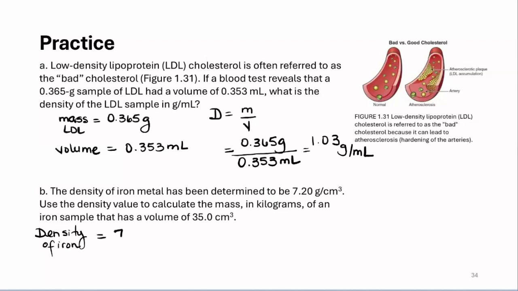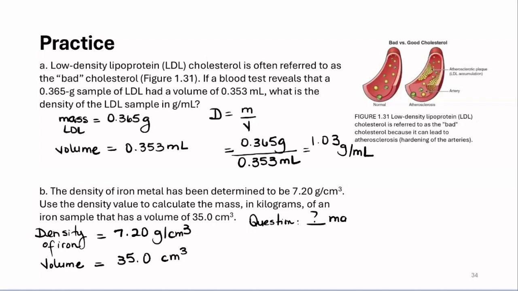And that density is 7.20 grams per centimeters cubed. We also have the volume for our object, which is 35.0 centimeters cubed. And then the question is that we need to know mass in kilograms.